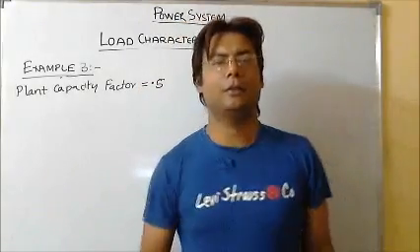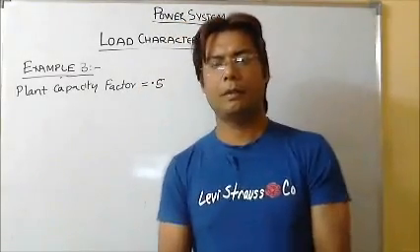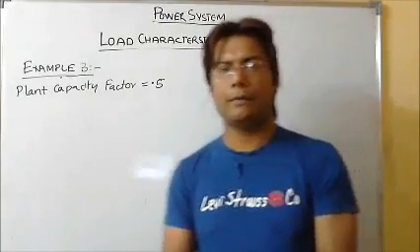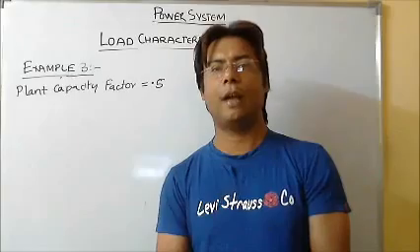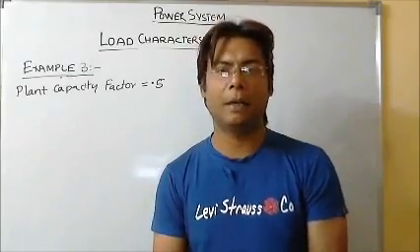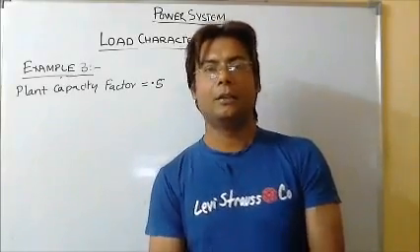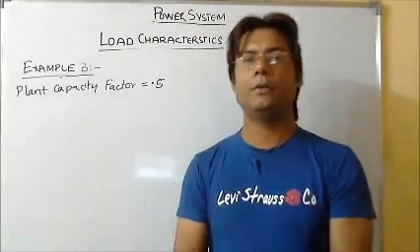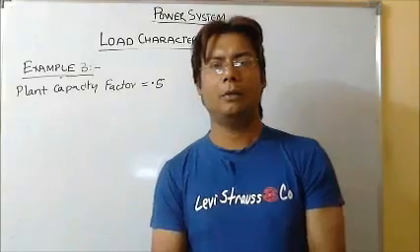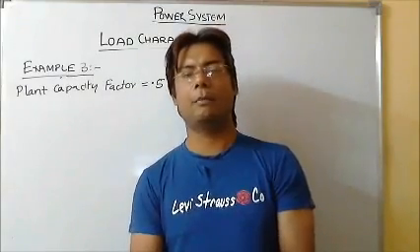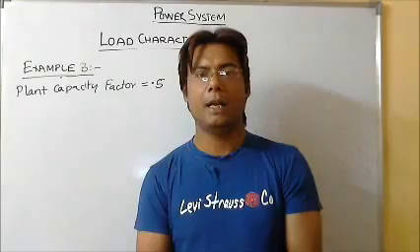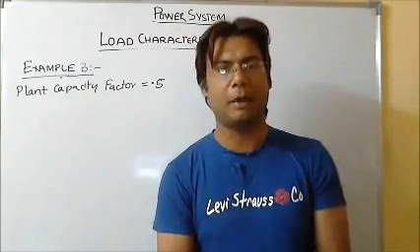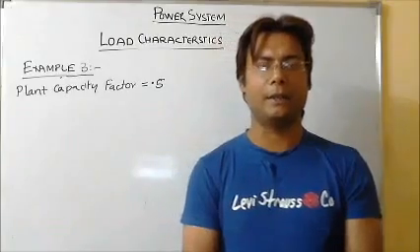Just to remind you, in example number 2 we have seen that the plant capacity factor is equal to average demand divided by the rated system capacity. But we have deduced one more formula from the load factor: average demand upon maximum demand is equal to load factor, and plant capacity factor is equal to maximum demand into load factor divided by the rated system capacity.